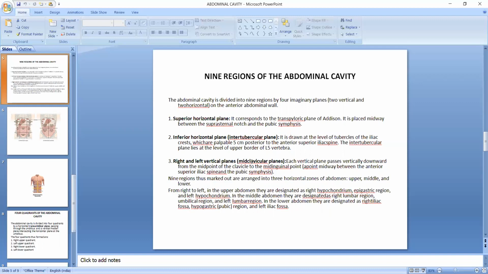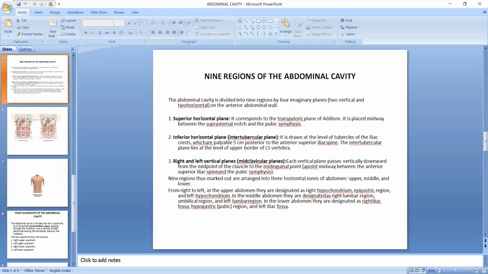Inferior horizontal plane. It is also called the intertubercular plane. It is drawn at the level of the tubercle of the iliac crest, which is palpable 5 centimeters posterior to the anterior superior iliac spine. The intertubercular plane lies at the level of the upper border of the L5 vertebra.